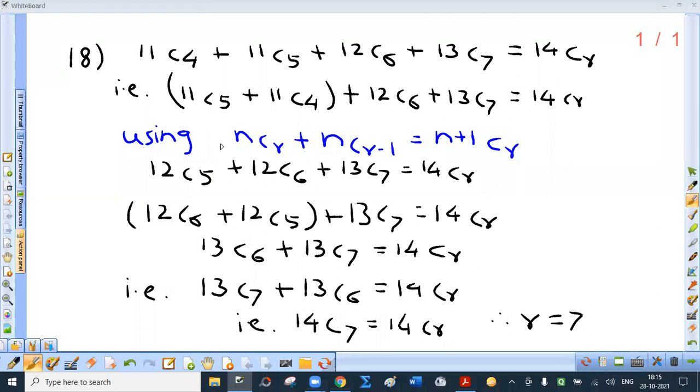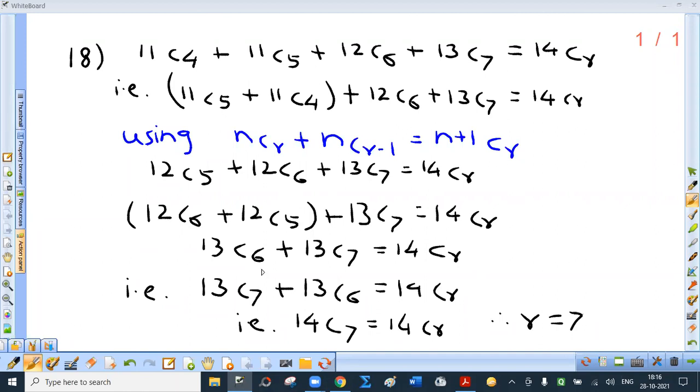So this becomes 12C5 plus 12C6 plus 13C7 equal to 14Cr. Now I write 12C6 first because this is nCr plus nCr minus 1. 6 minus 1 is 5, and not 5 minus 1 equal to 6. Now this is nothing but 13C6 plus 13C7.